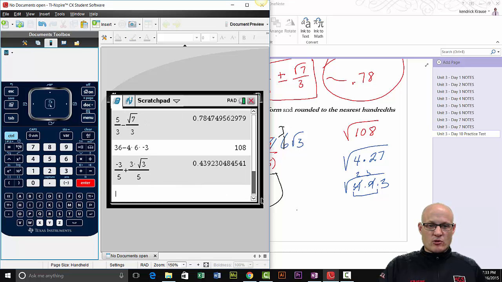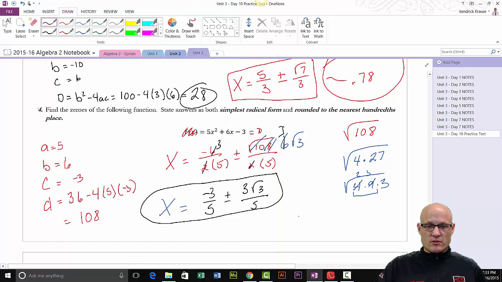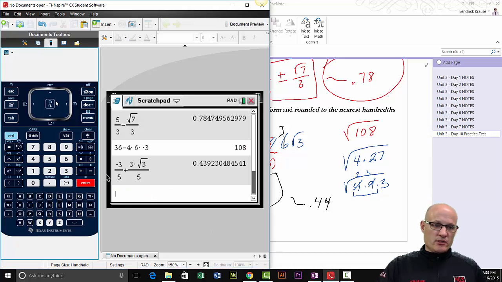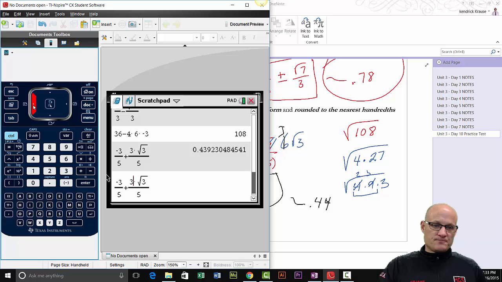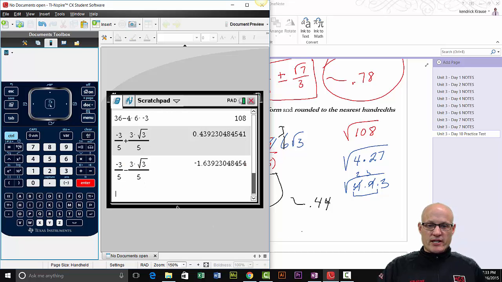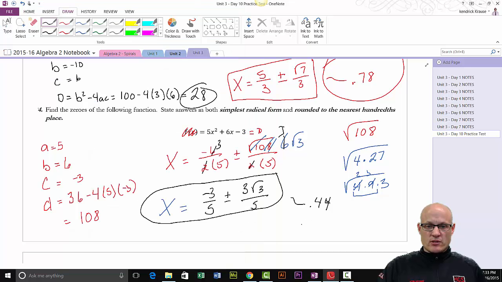Yep, there it is. 0.44. So one of my answers is 0.44. And my other answer will be, go up, enter, over. And I get negative 1.64.